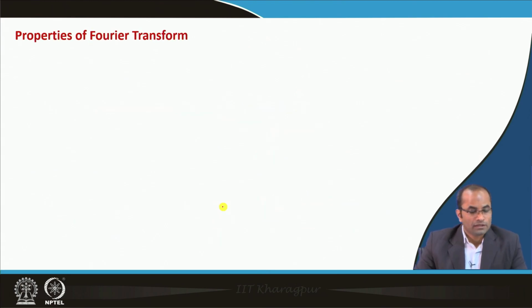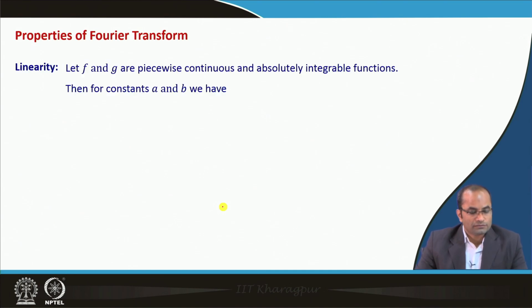So, coming to the properties of the Fourier transform, the first property is the linearity, which we have already discussed while discussing the Fourier cosine and sine transform, and this is a common property of all integral transforms.